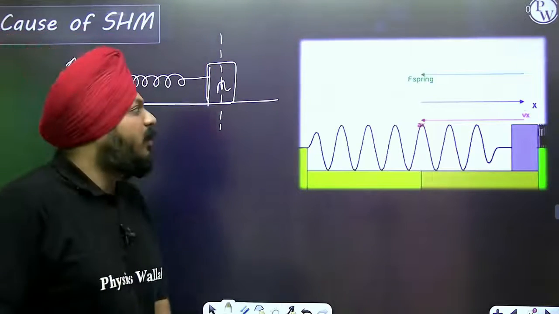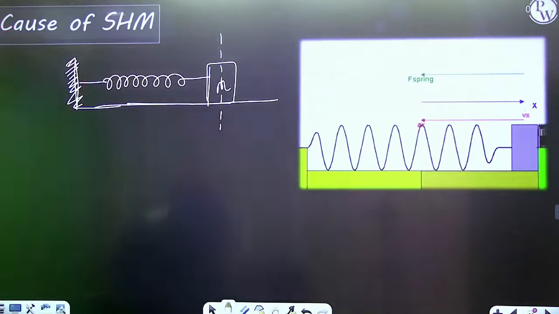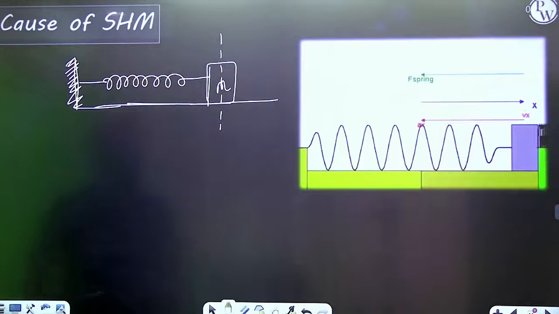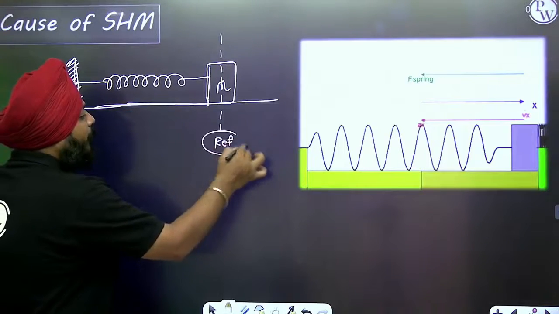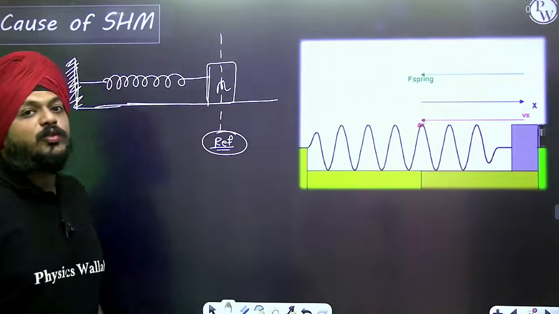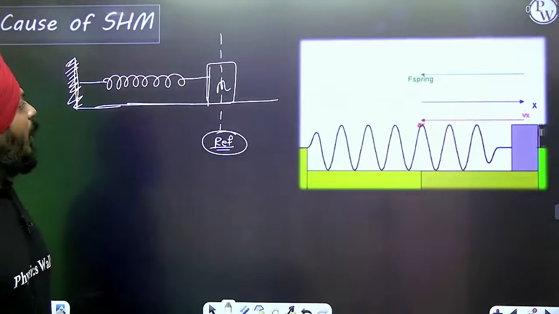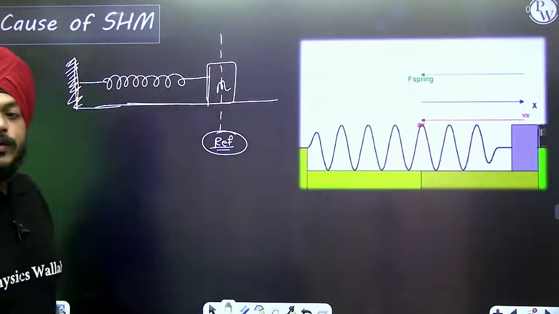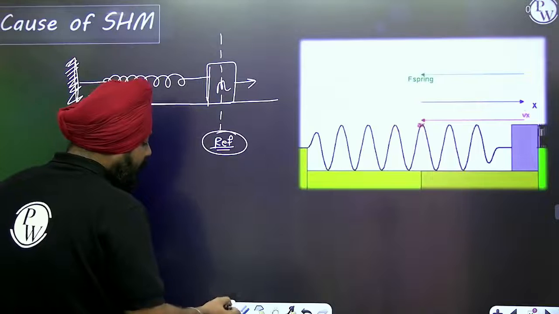So, causes of SHM. Suppose this is the reference point from which the particle is going to start its motion. What happens here? See, suppose a gentle push is given.